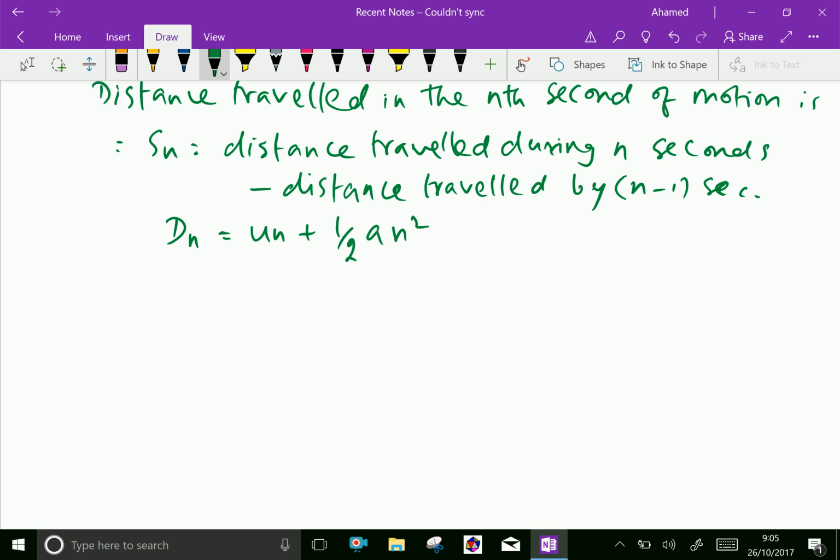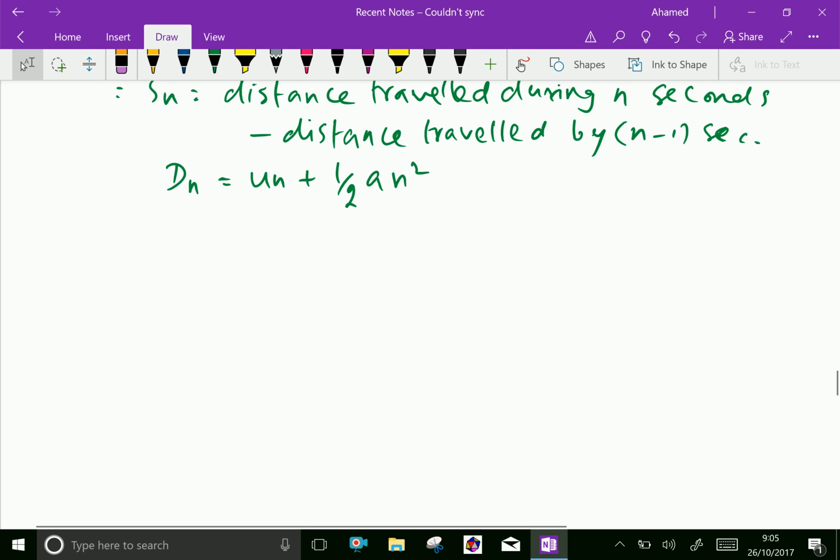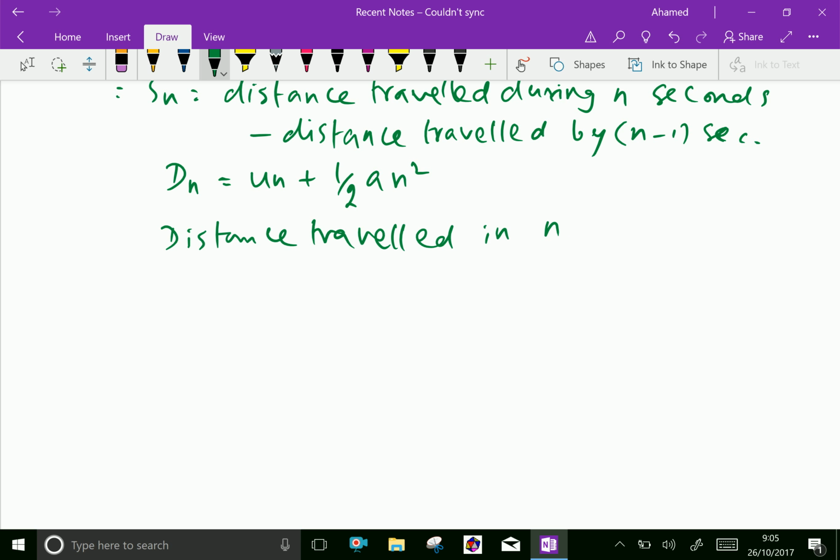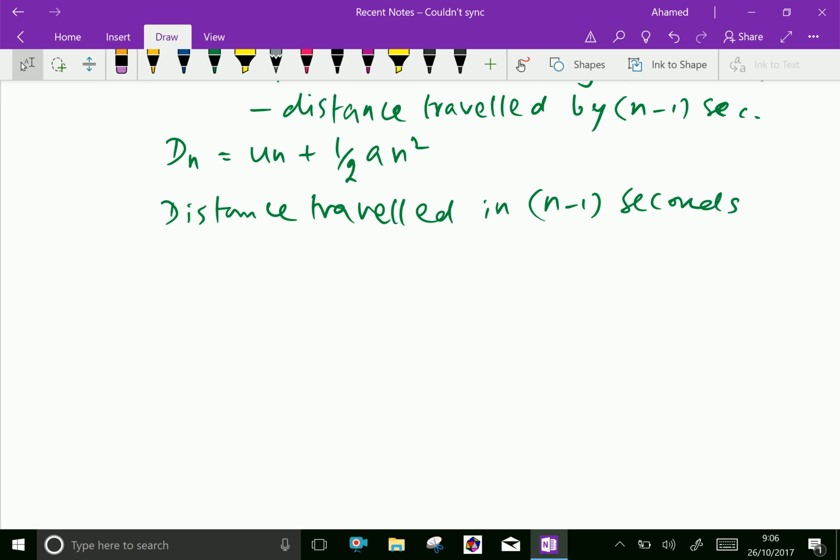And the distance traveled in n minus 1 seconds is d n minus 1 equal u times n minus 1 plus half a times n minus 1 whole squared.